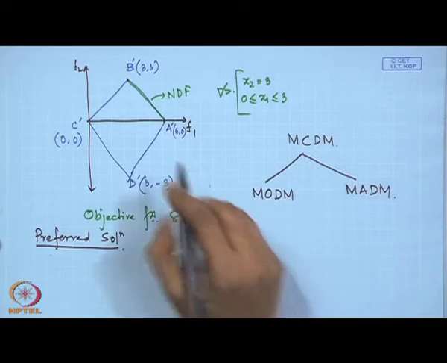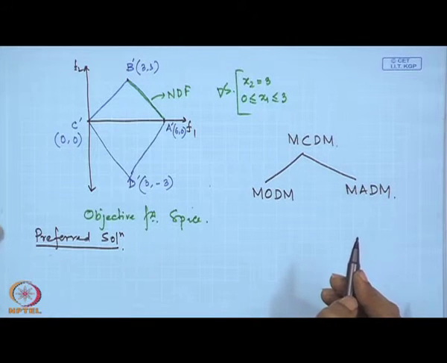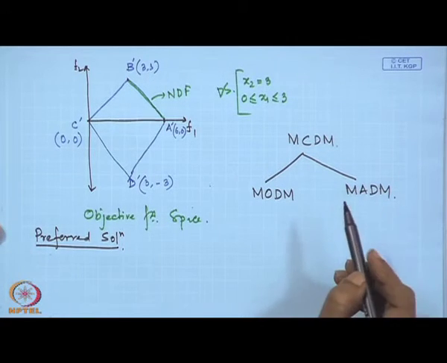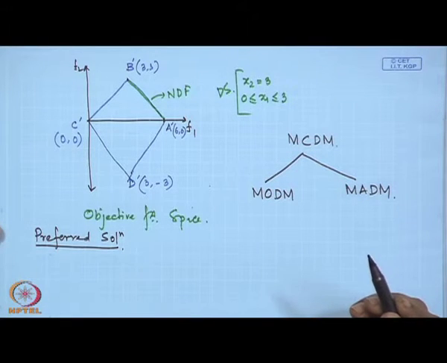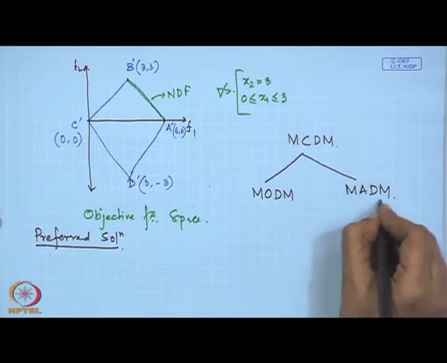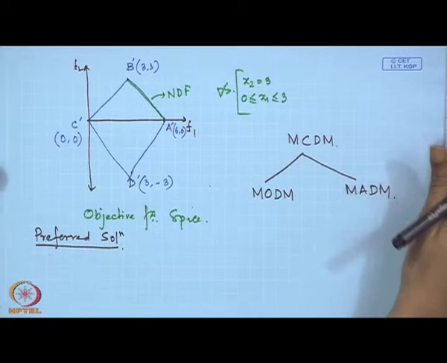That is why the non-dominated frontier has an infinite number of non-dominated points. But in multi-attribute decision making we have a finite number of alternatives. That is why the non-dominated frontier has only a finite number of points and we need to select one from there. Now, today I will just deal with the multi-objective decision making problem.